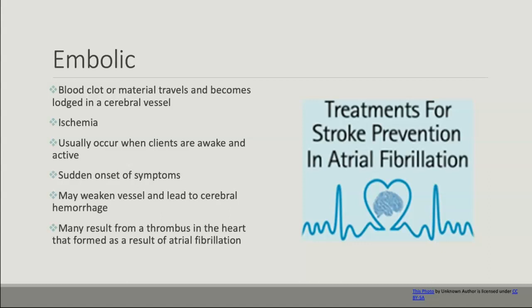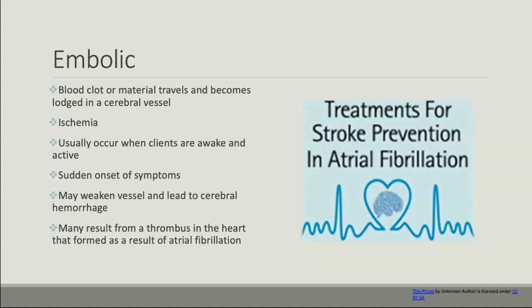So the embolus is going to cause ischemia. It usually occurs when clients are awake and active. When they throw that clot, it's a sudden onset of symptoms, because if you think instead of a thrombotic one where that clot is developing over time, this is being thrown and acutely occludes a vessel. Okay, it can also weaken a vessel and lead to cerebral hemorrhage.